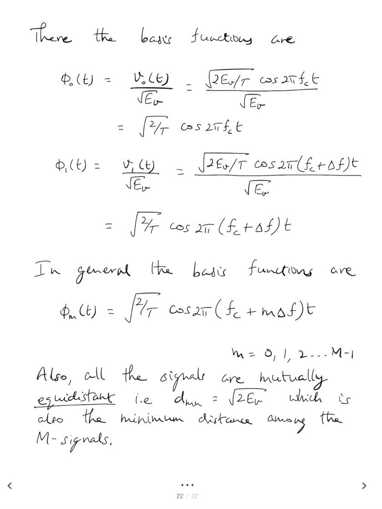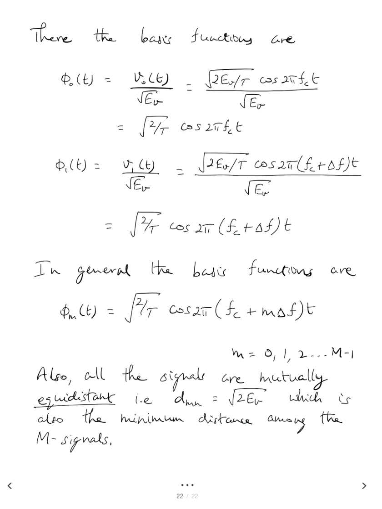One easy way of constructing bandpass multidimensional signals is to have M carrier signals, each having its own frequency. So we have cosine signals with M frequencies, f1, f2, f3, f4, and so on. We start with f1 as the carrier frequency fc, f2 as fc plus delta f, f3 as fc plus 2 delta f, and so on.